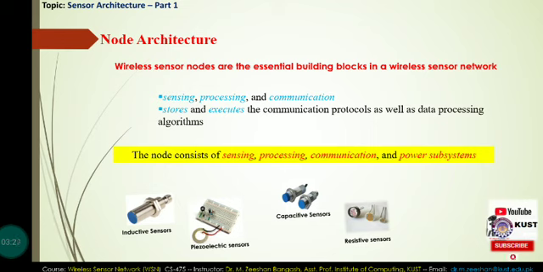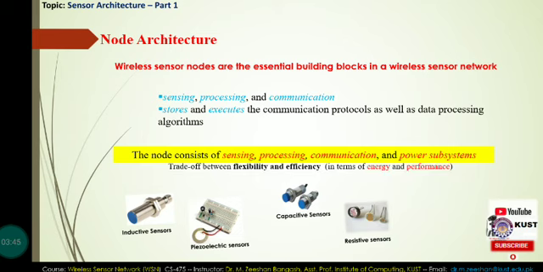As already discussed, these nodes perform sensing, communication and processing, and they have a power subsystem.